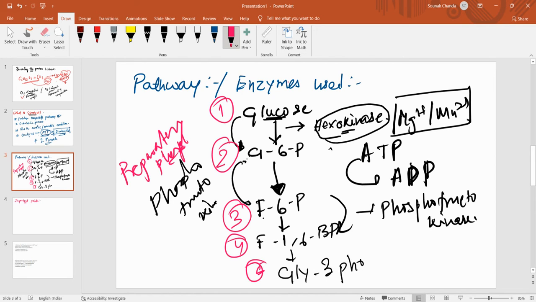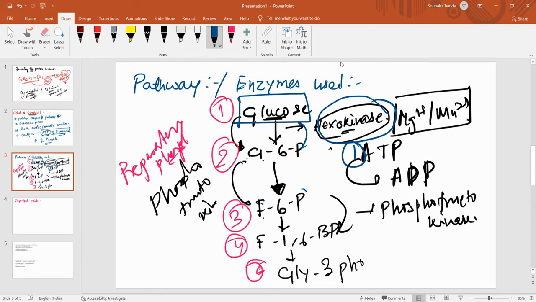First of all, in the conversion of glucose to glucose 6 phosphate, there is the action of hexokinase. And I have said that whenever there is a kinase, an ATP molecule will be invested. So only one molecule of ATP. Again, from glucose 6 phosphate to fructose 6 phosphate, the enzyme is phosphofructo isomerase.